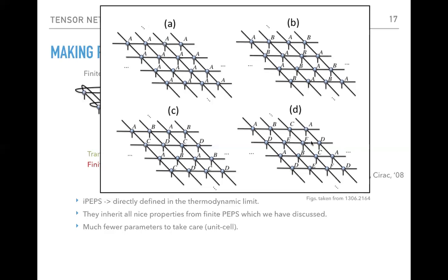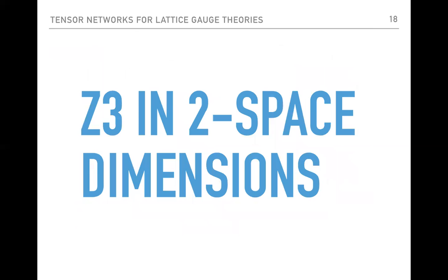And this defines a tensor network ansatz, and that's what an iPEPS basically is. It's a 2-dimensional tensor network where you have defined a unit cell which is repeated infinitely many times in all directions. Good. So, any questions before I go to the actual meat of the talk?